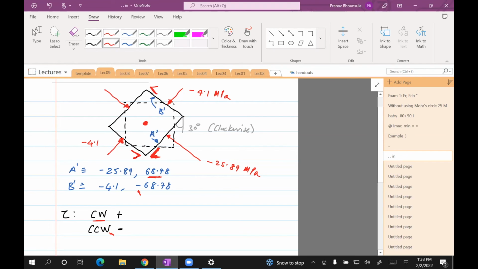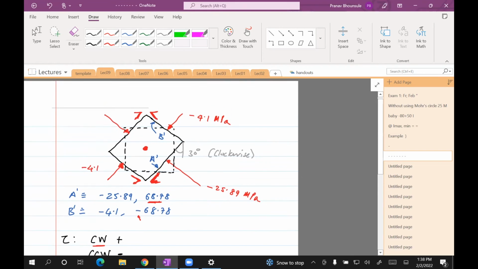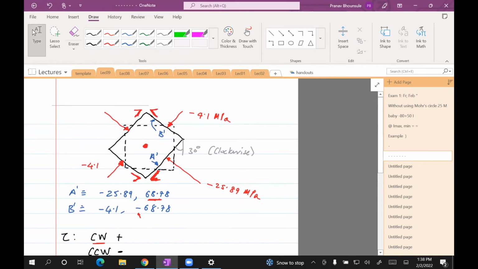If it was not, then it would actually start rotating, and that's not the case, right? It's a static element, it doesn't rotate. And then on this face, same logic, it will be clockwise to balance the counterclockwise force induced. So we just write this down. The value of the stress is 68.78. And we're done. So that is part B.